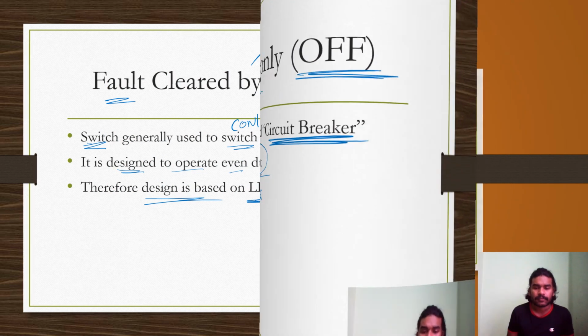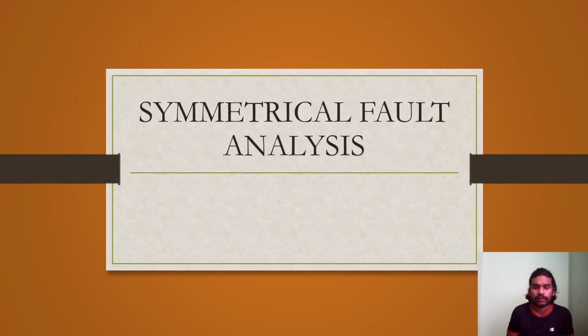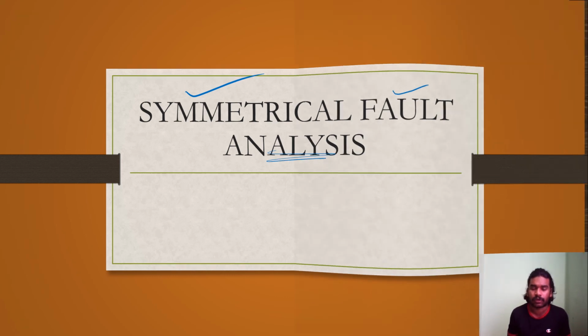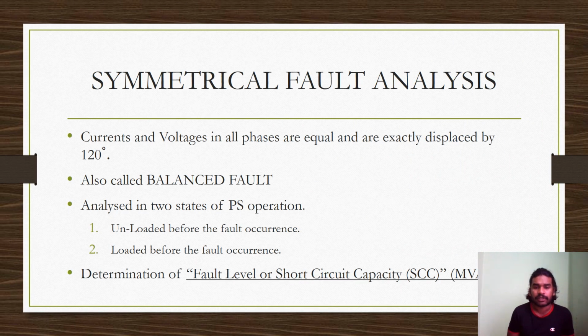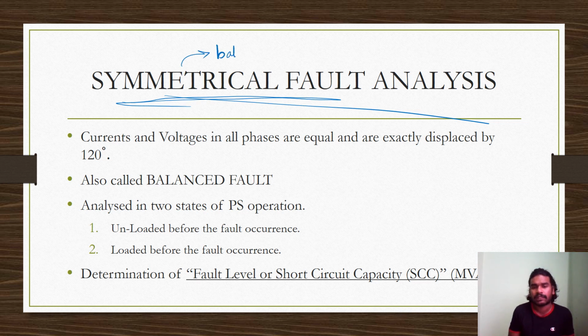Now let's begin studying symmetrical fault, and we will study how to analyze it. Analysis of symmetrical fault. Let's see what actually happens in a symmetrical fault. A symmetrical fault is otherwise also called a balanced fault. Why do you call it a balanced fault?